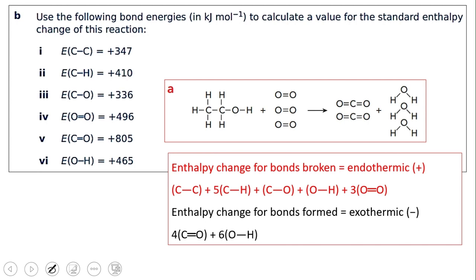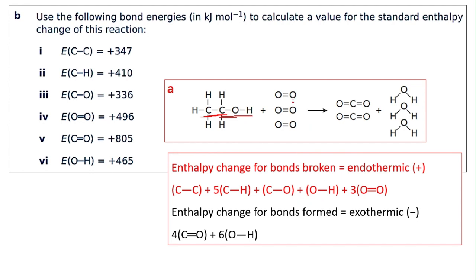So we have to just identify how many bonds we have on the reactant side and how many bonds we have on the product side. First of all, in the case of ethanol, we have one C-C bond, and we have 5 C-H bonds. Then we have one C-O single bond, and one O-H single bond as well.